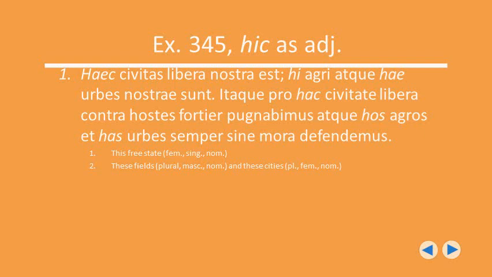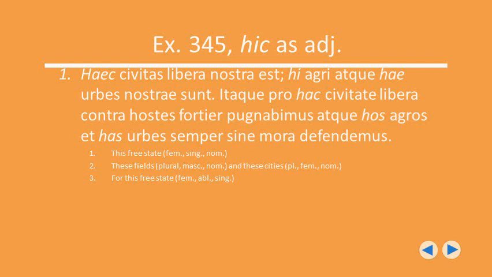So now how do we translate these sentences? Well, first let's go on to the next sentence. Itaque pro hac civitate. Notice the long a. I didn't put it on here, but it's a long a. So that would be feminine ablative singular, for this free state. And then we have hos agros, has urbes.